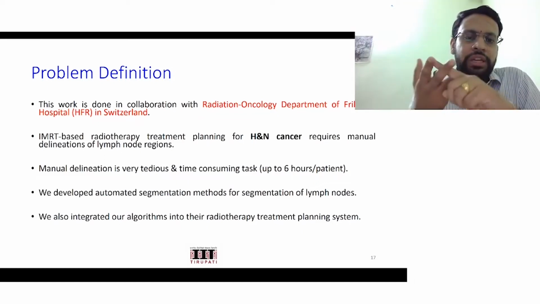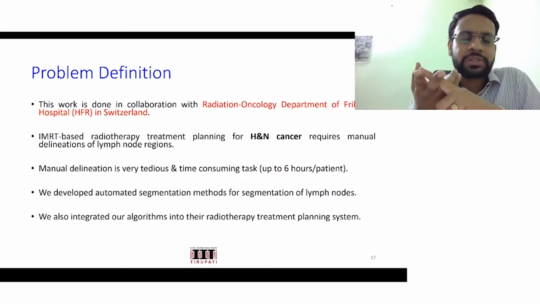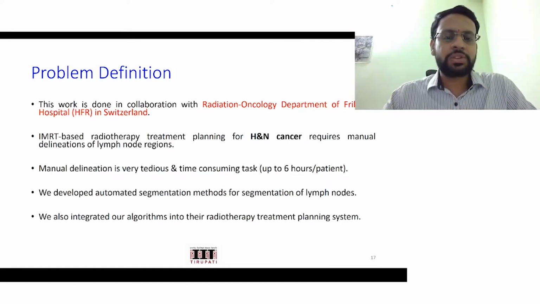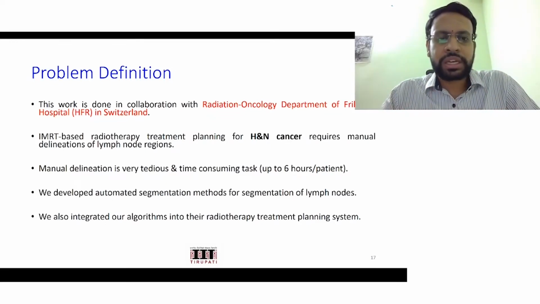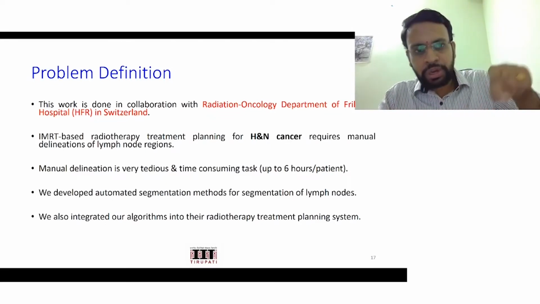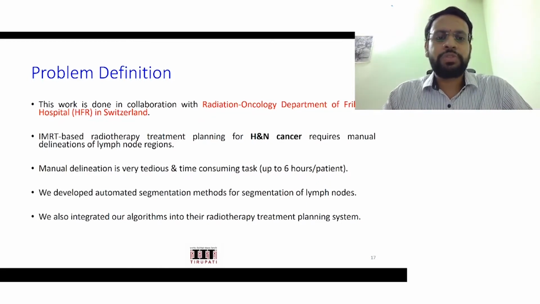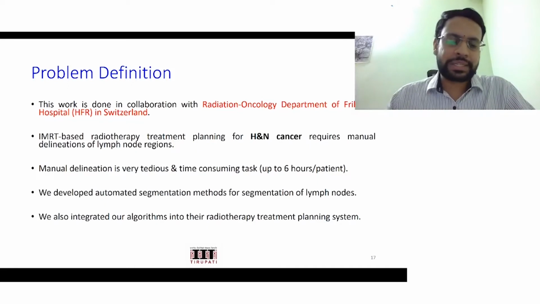There are actually not just those organs, but also two things: one is referred to as target volumes and another is referred to as organs at risk. Both these things have to be delineated, labeled or annotated, and that has to be given as an input for your radiotherapy treatment planning system.